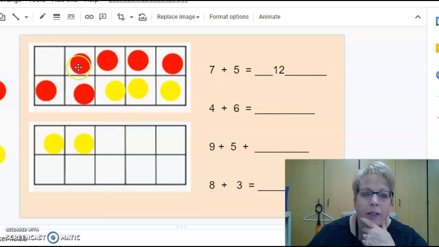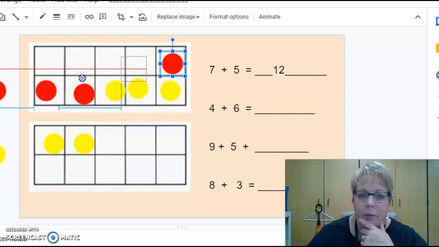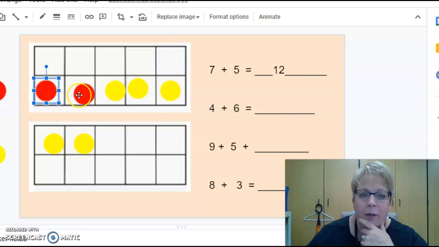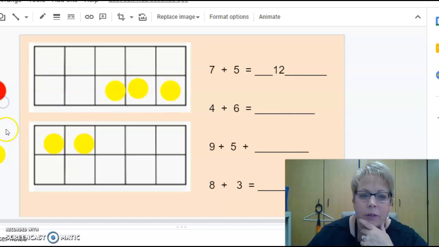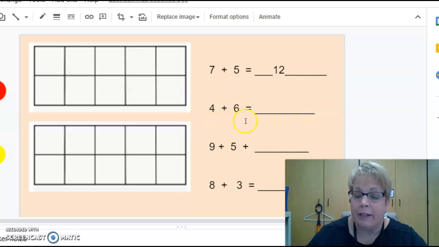Okay, let's try a different one. I'm going to do a couple of examples for you and get these moved out quickly. Our next problem, as you read over at the side, is 4 plus 6.